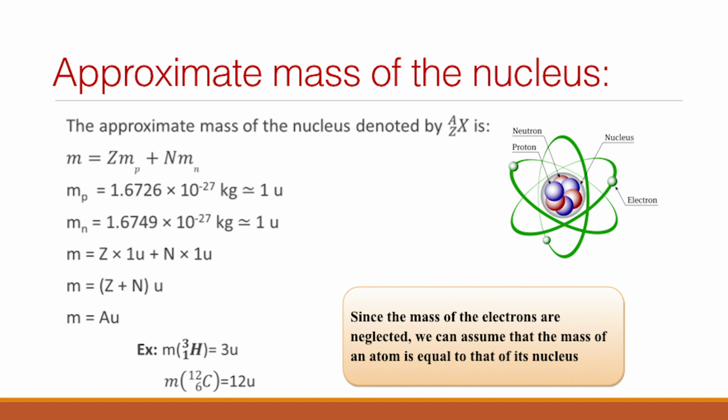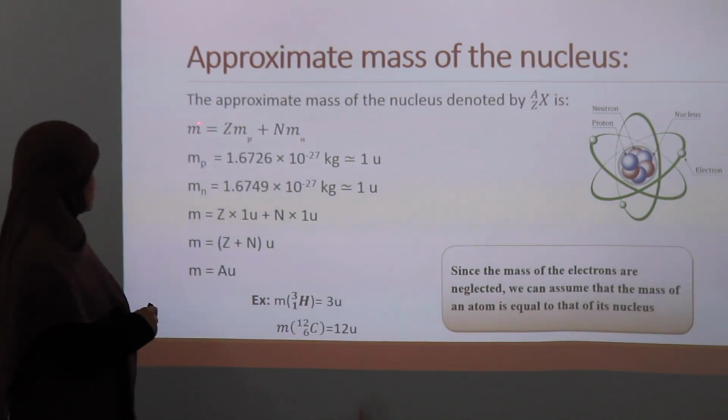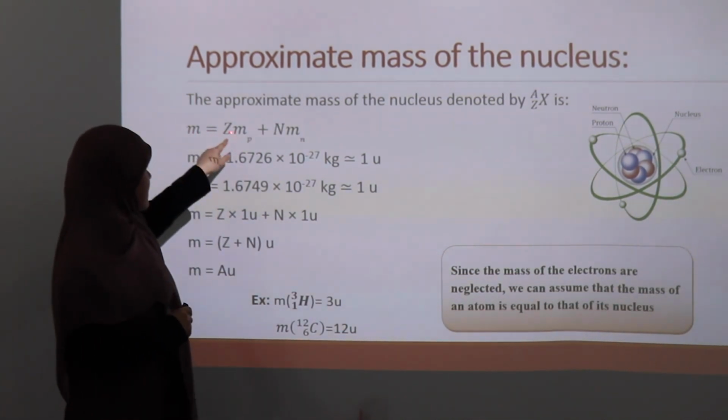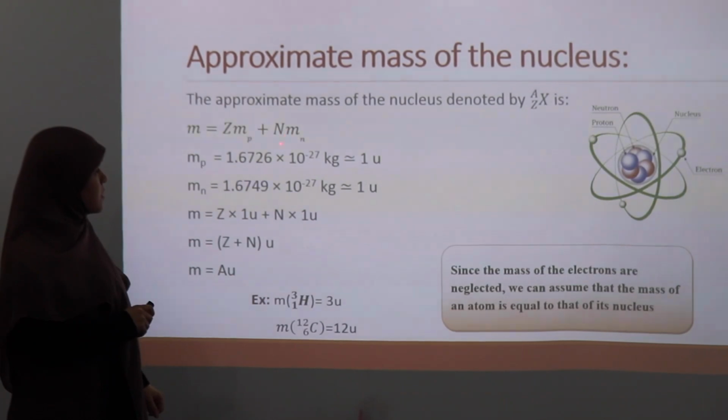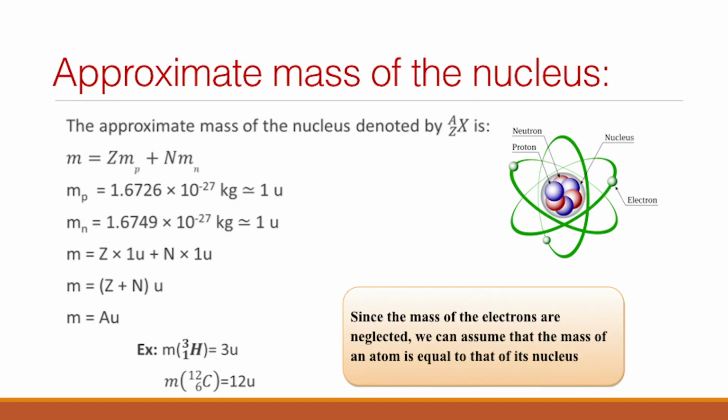So for each nucleus, the mass equals Z, the number of protons, times the mass of a proton, plus N, the number of neutrons, times the mass of a neutron. The mass of a proton is constant, equal to 1.6726 times 10 to the power minus 27 kilogram. It is denoted by 1 U, where U is the unit of mass. The mass of a neutron equals 1.6749 times 10 to the power minus 27 kilogram, and is also approximately equal to 1 U, where U is the unit of mass.